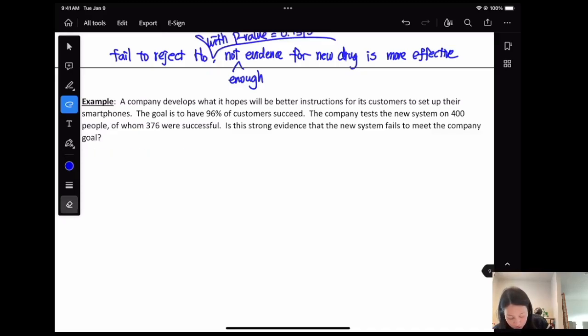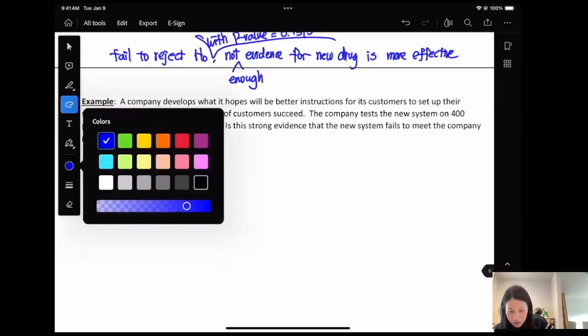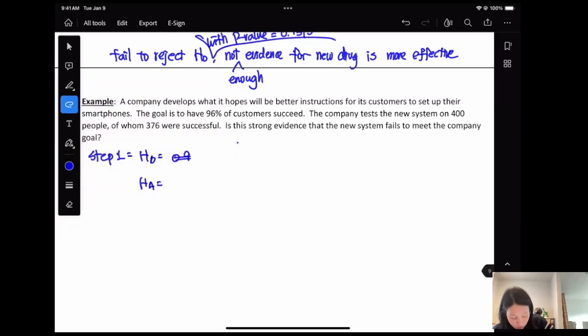So the null hypothesis is p equals 96%. And they hope it will be better, and better means more. They want more than 96% of customers to succeed.